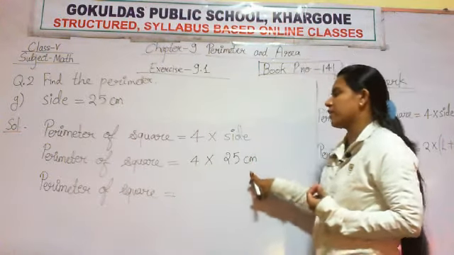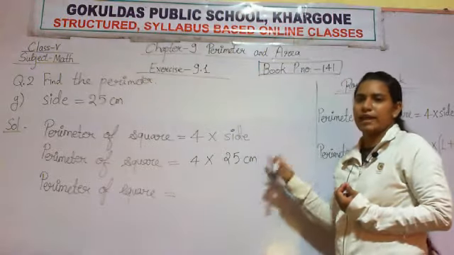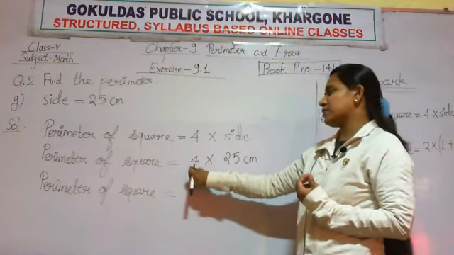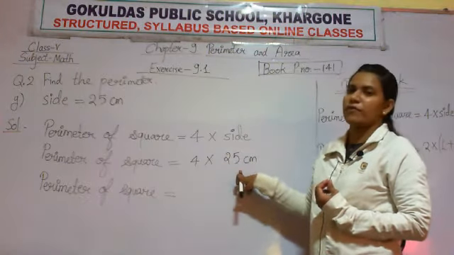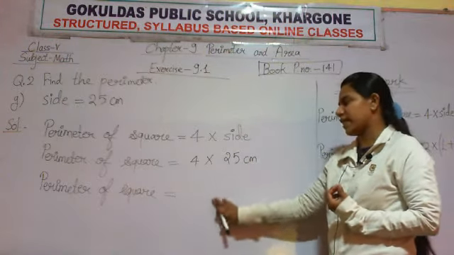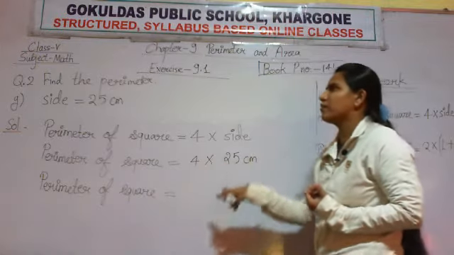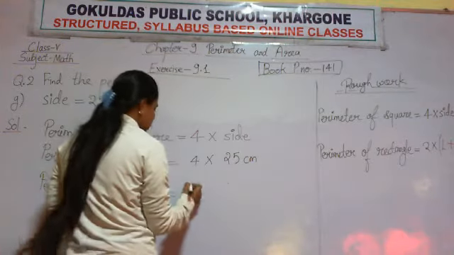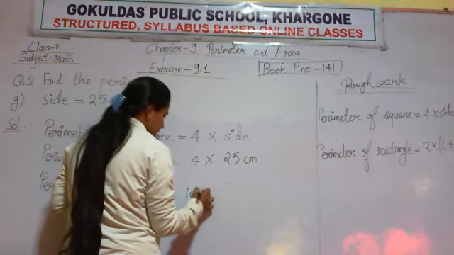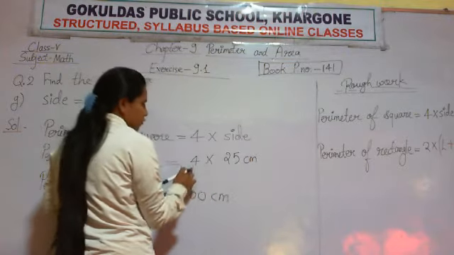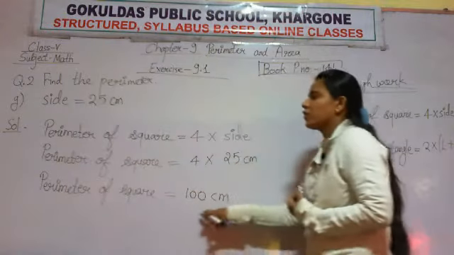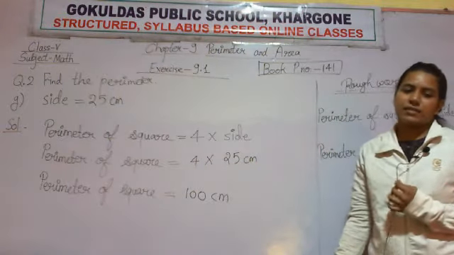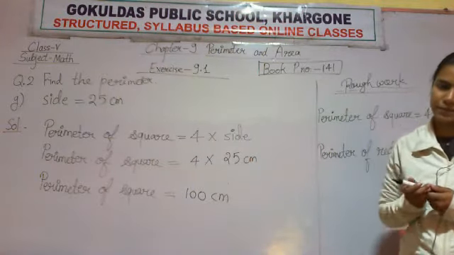Now we are multiplying 4 with 25. 4 into 25 gives 100 as result. So perimeter of a square here is 100 centimeter.